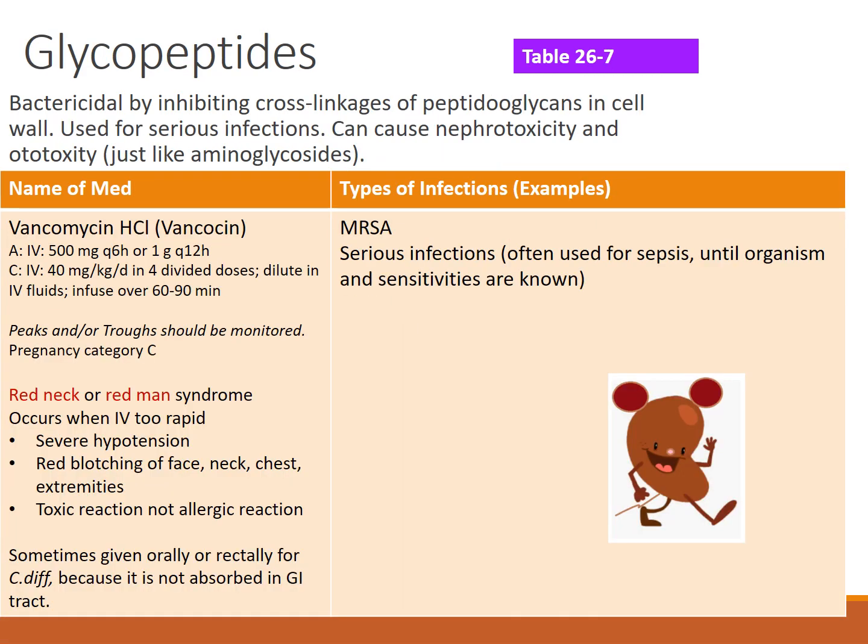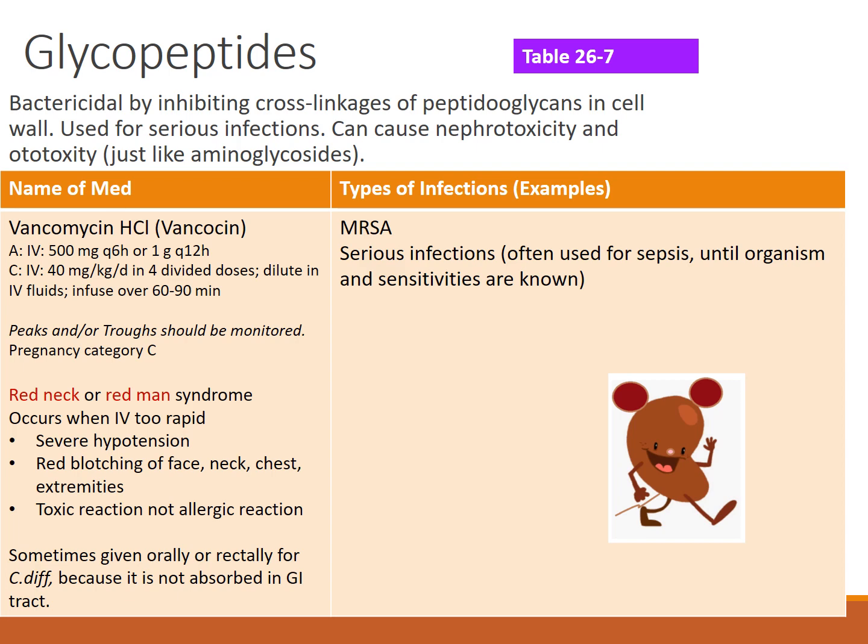And now I have my glycopeptide. So I have vancomycin. Oh, my mycin mouse is back. Now remember, not every med that ends in mycin is nephrotoxic. My gentamicin and my vancomycin are the two that I really have my mycin mouse out for. They can cause severe nephrotoxicity and ototoxicity, more nephrotoxicity with vanco.